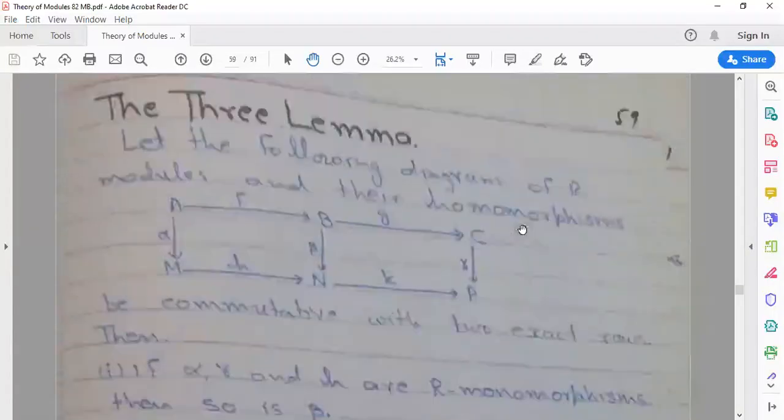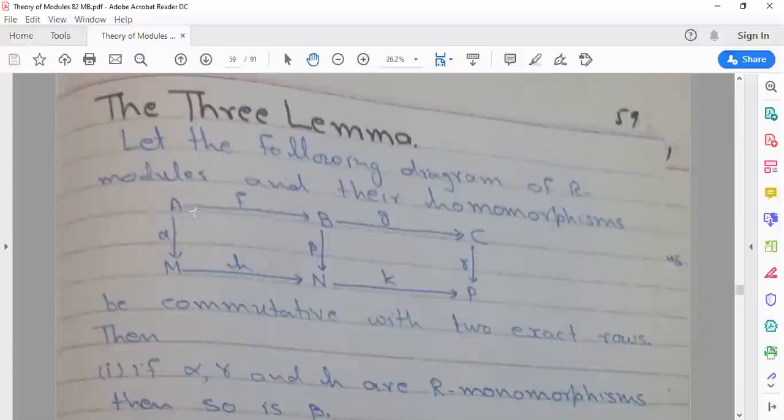Here you have studied the structure of the theorem. Basically, f is a function from A to B and beta is a function from B to N. See the head of the arrow. One arrow goes from A to B, then from B to N, and another goes from A to M by using alpha, and then from M to N by using h.